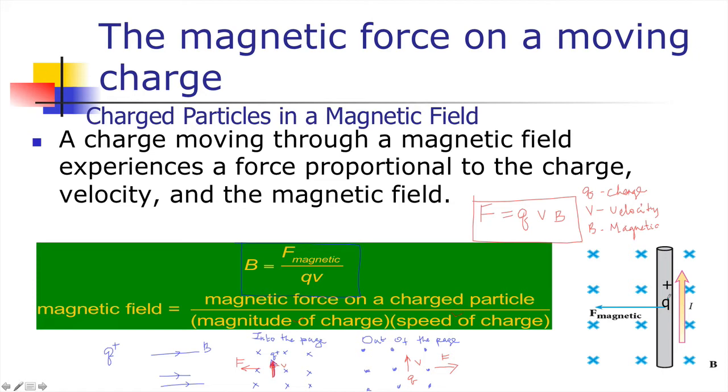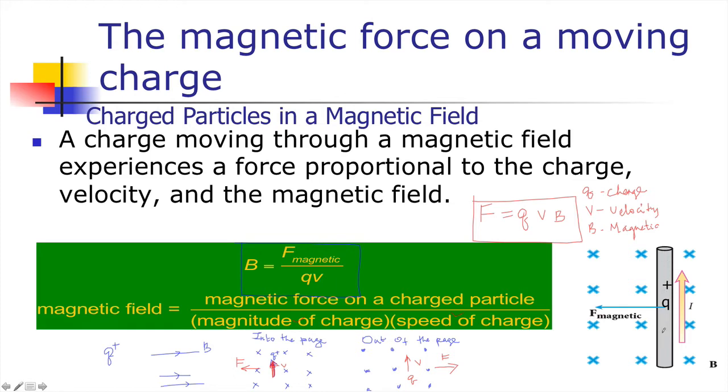So if you take a current carrying wire and put it in a magnetic field, then it's going to experience force. As you can see in this diagram, current carrying means a charge moving inside it, right? If you consider the wire as a pipe, then charges are flowing through it. That's what current means: the flow of charge per unit time.